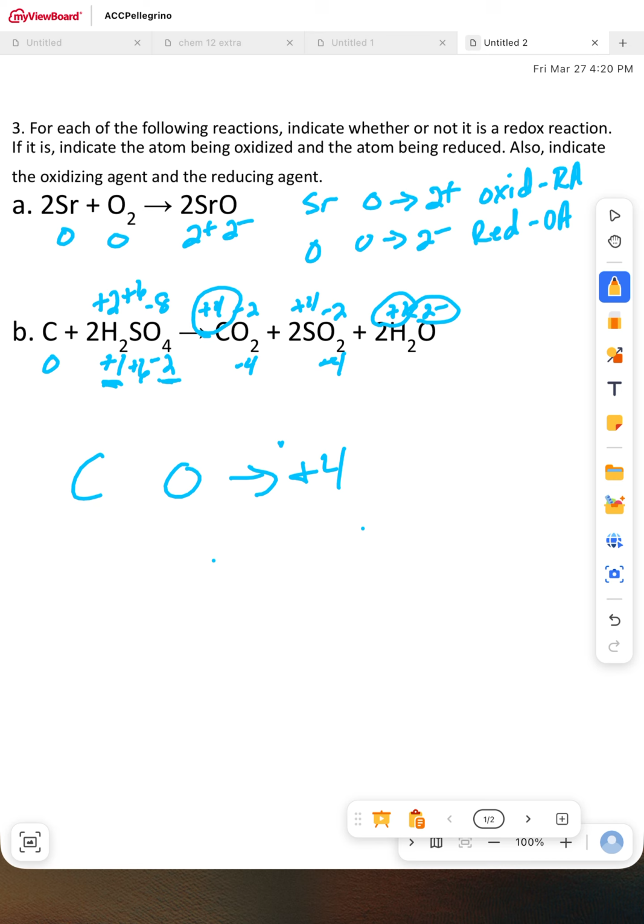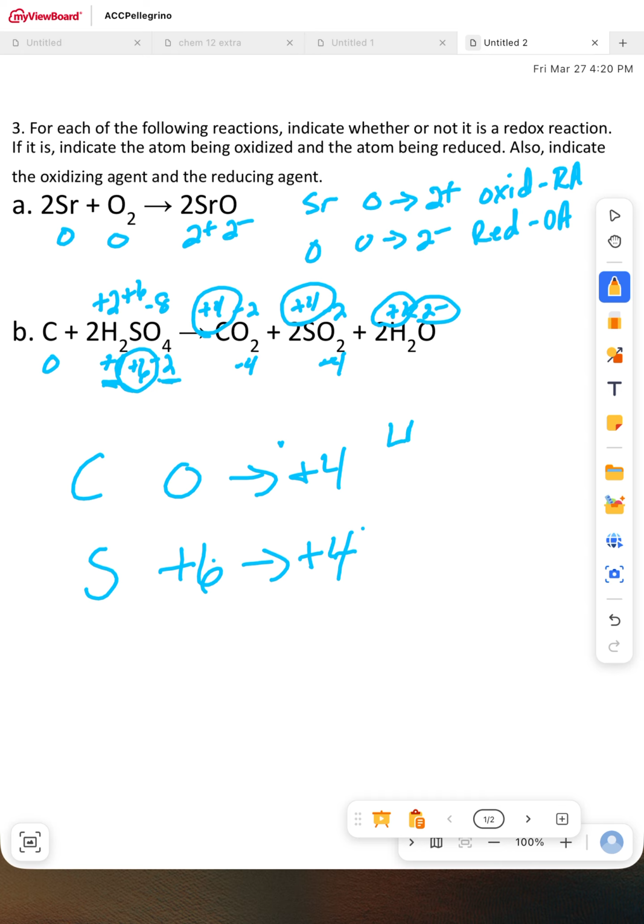And then our other thing that changed was our sulfur went from +6 on the reactant side to +4 on the product side. So the carbon became more positive, meaning it lost electrons.